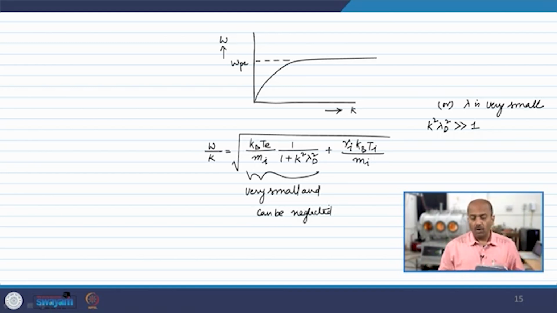For very small values of lambda, what happens? k becomes very large because it is 2 pi by lambda, and 1 plus k square lambda_D square taken in inverse becomes very small. So, for very small wavelengths, this factor can be neglected altogether. So, this is the difference when we compare the ion acoustic wave in the presence of plasma approximation and in the absence of plasma approximation. Right. So, we will conclude this discussion here.